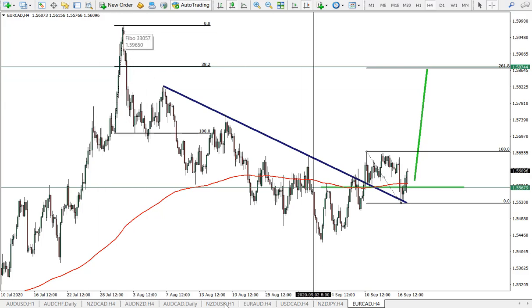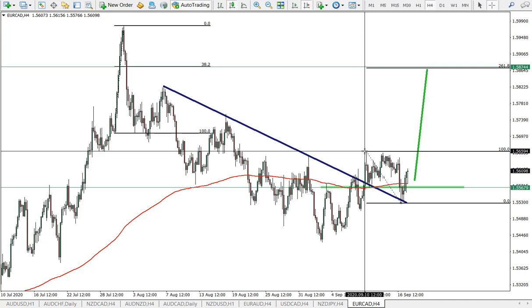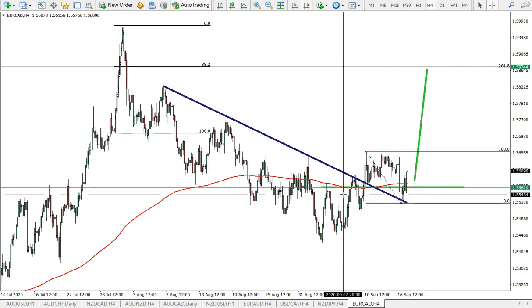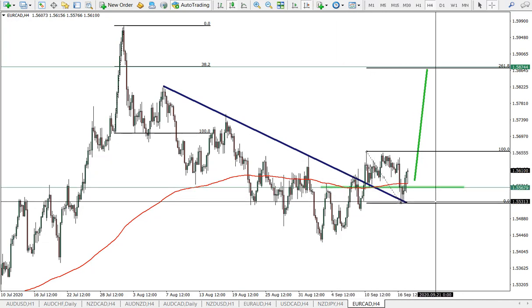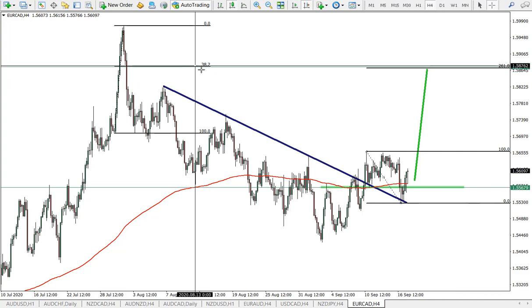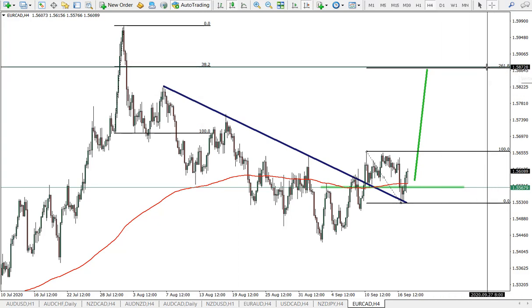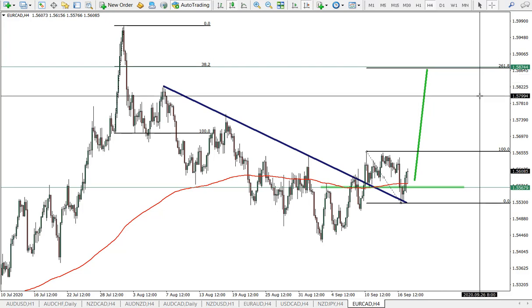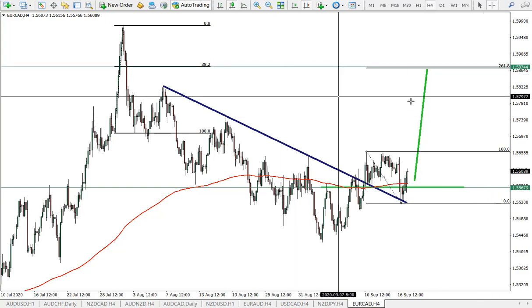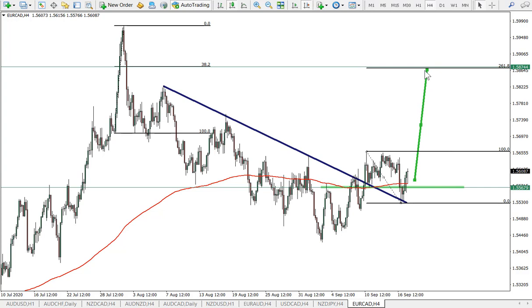I use last waves, and here I have used this corrective move to the downside where we actually rejected the support, and we see that 38.2 corresponds with 261.8 pips, both of which are near the 1.5874 level. So this should be the actual potential target for the upside move, if the move will actually start.